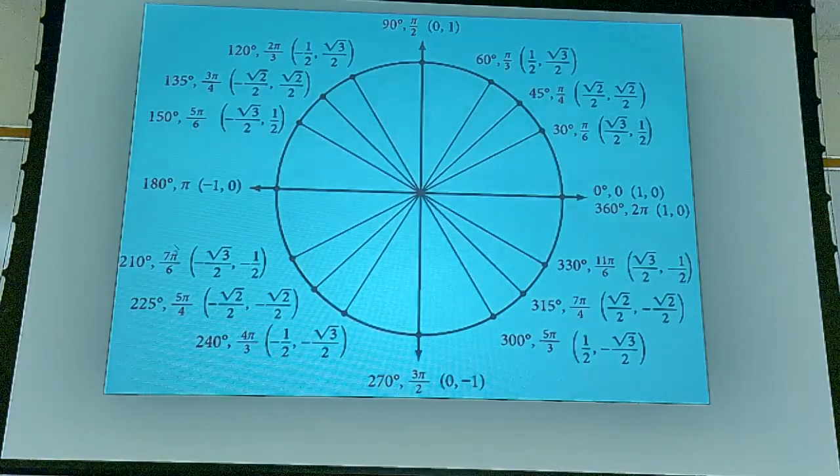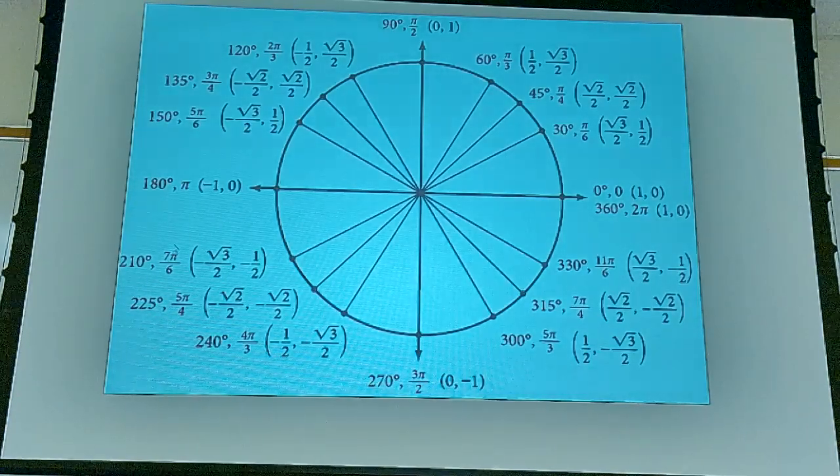Anybody multiply fractions? Straight across, right? So it's root 3 times root 3 over 2. What's root 3 times root 3? Root 9. Which is what?